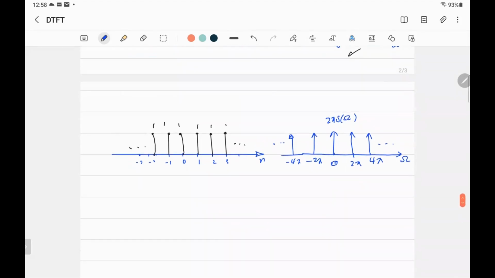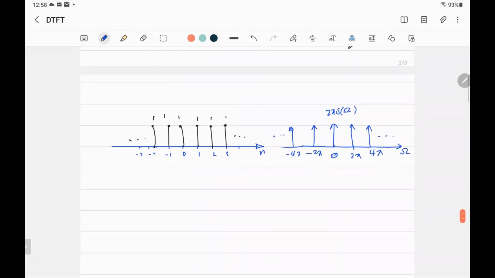So how do you write this sequence? Do you know how to write this sequence? A train of pulses? Well, I will write X of omega equal. There are many, so I will start from this one. Let me write the one in the middle. It's 2 pi delta omega. What about the one just here? That's shifted to the left.